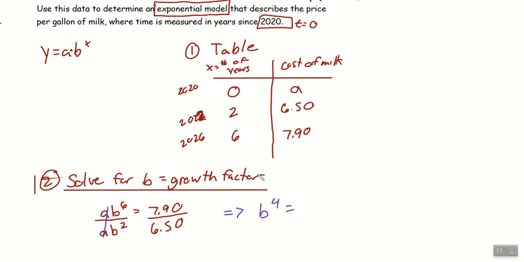Shetty, what did you get? 1.215? Is that what everyone else got? Yeah, okay. If I gotta get rid of this 4, what do I have to do to both sides? Very close to a square root. Fourth root. Yes. Take the fourth root of both sides.